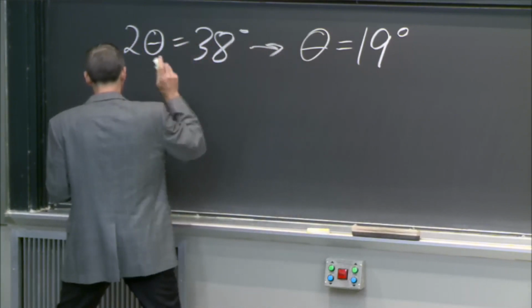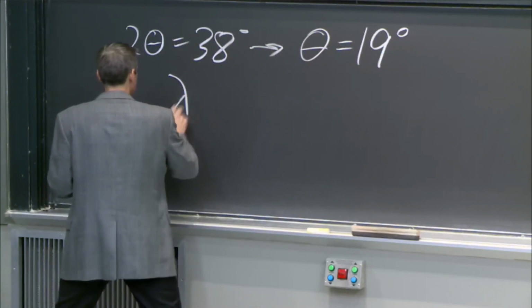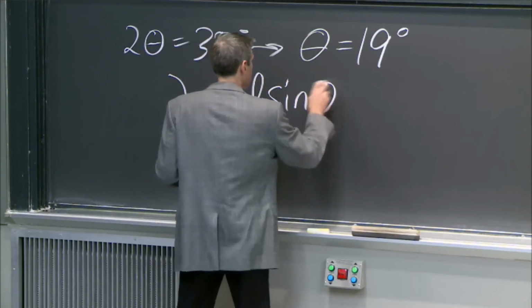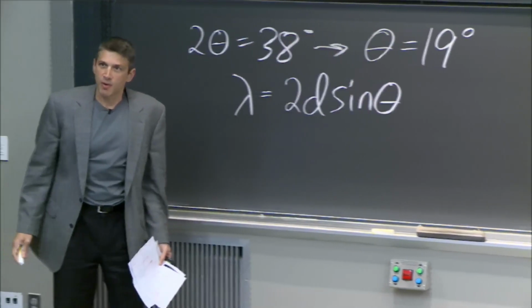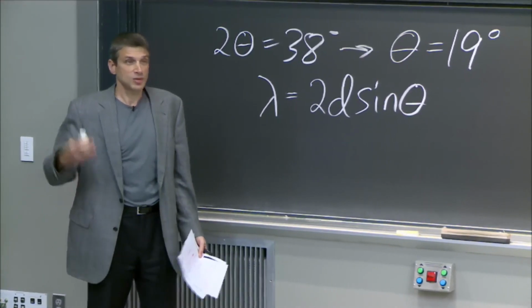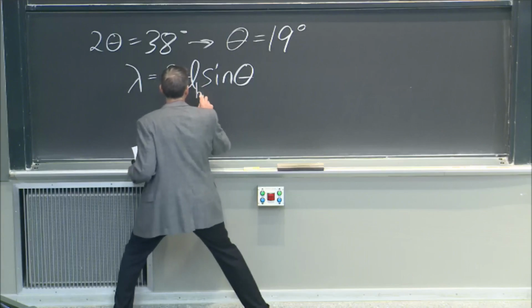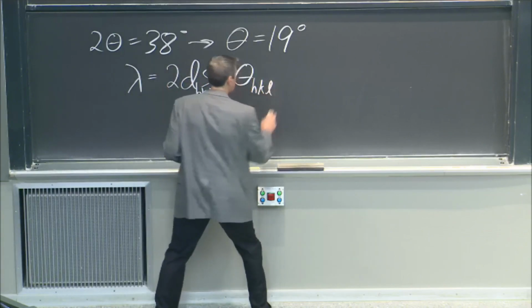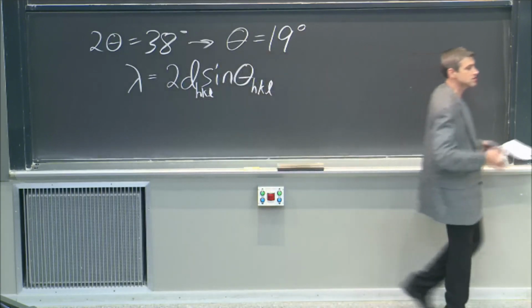Now, from Bragg, lambda equals 2d sine theta. But look, label the plane. This corresponds to a plane, so some distance between some planes corresponds to some angle that gave me constructive interference for those planes.